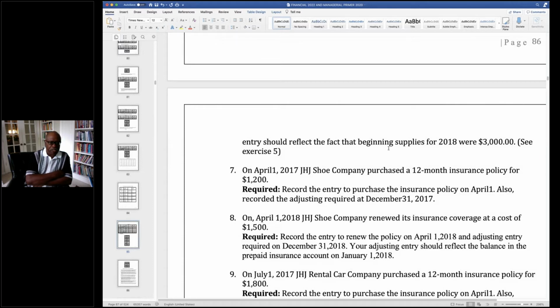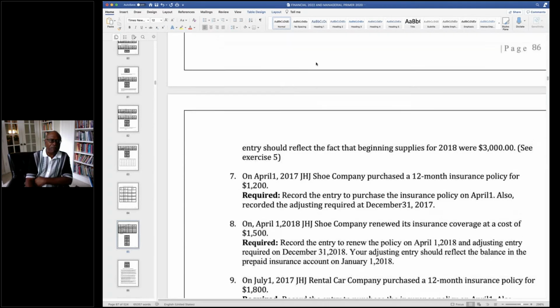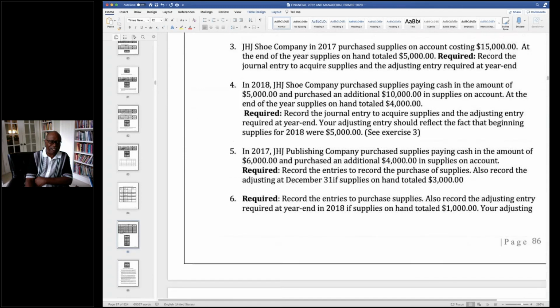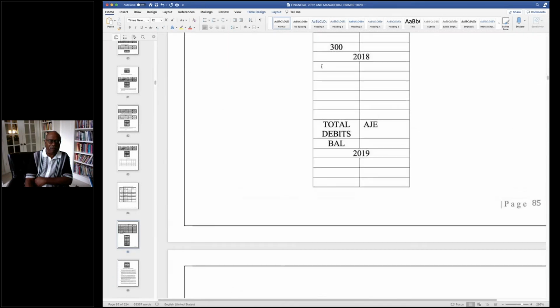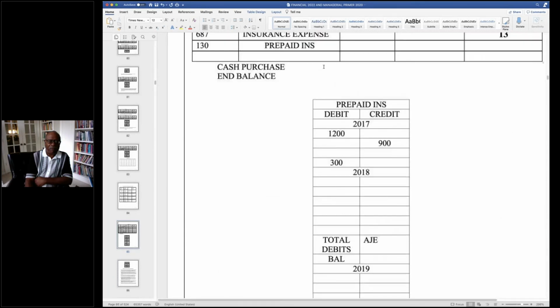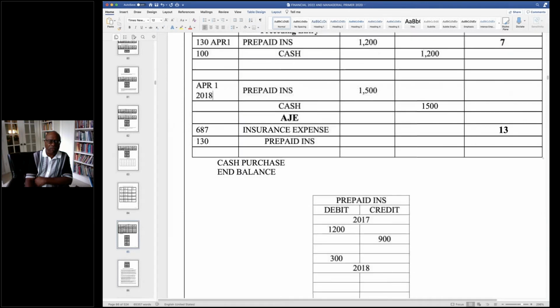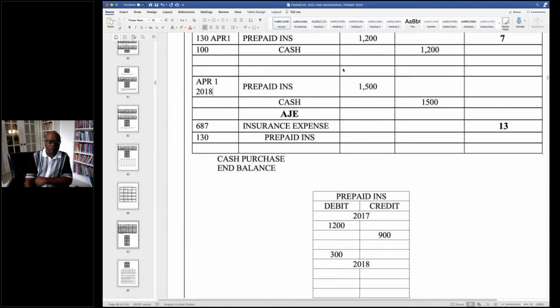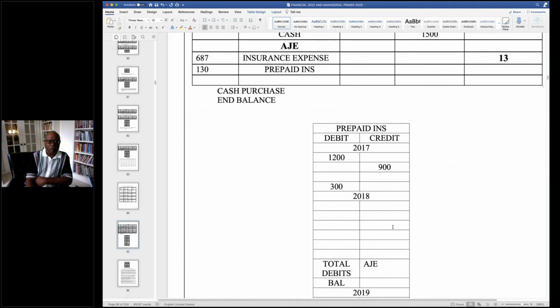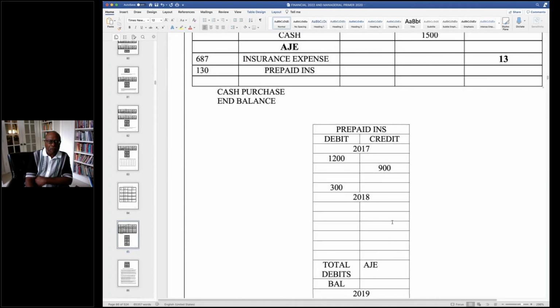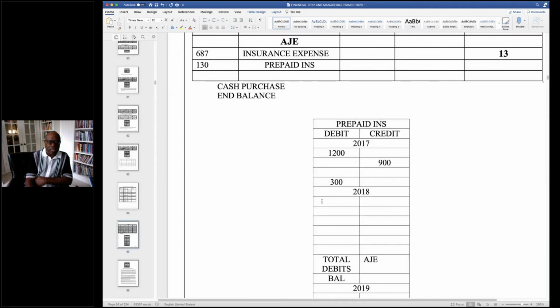How much are you going to pay in 2018? You will pay 3 months. It was $100 each for the first 3 months, and then 125 each for the last 9 months. So when we get into 2018, we got the 300.